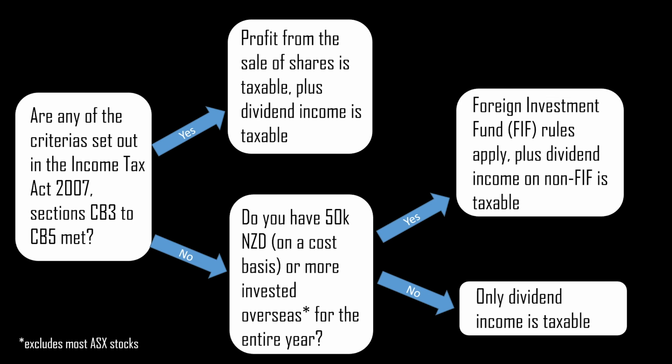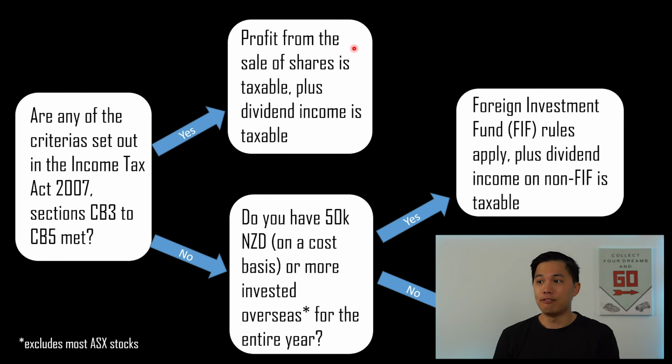So over here, I've created a flowchart to show what type of taxes you might be liable for depending on your situation. So the first step is to look at if any of the criteria set out in the Income Tax Act 2007, Section CB3 to CB5 are met, as we've talked about in the earlier slide. If it is, then the profit from the sale of shares is taxable, plus dividend income is taxable.